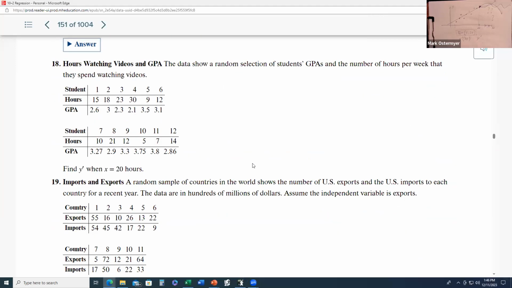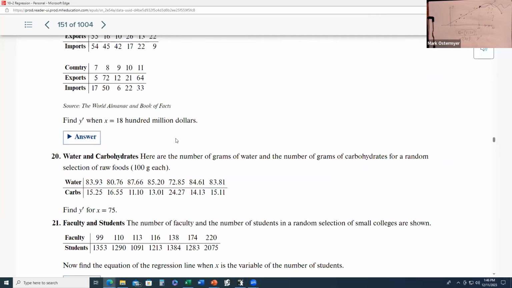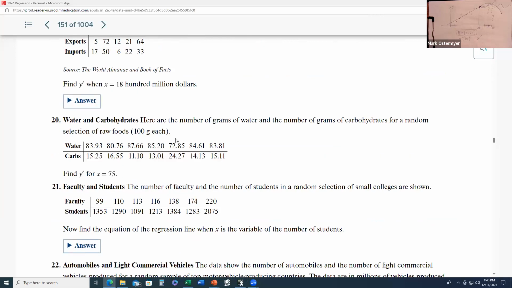Okay, and here's a lot of practice problems in this textbook having you do linear regression on different ordered pair data sets.